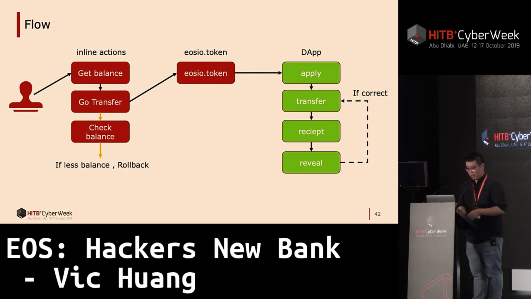So the whole flow is that we use an account, and first we get the balance to check my balance. After that we call the EOS token to transfer EOS to the vulnerable dApp, and the dApp will apply, and on transfer it receives the receipt.